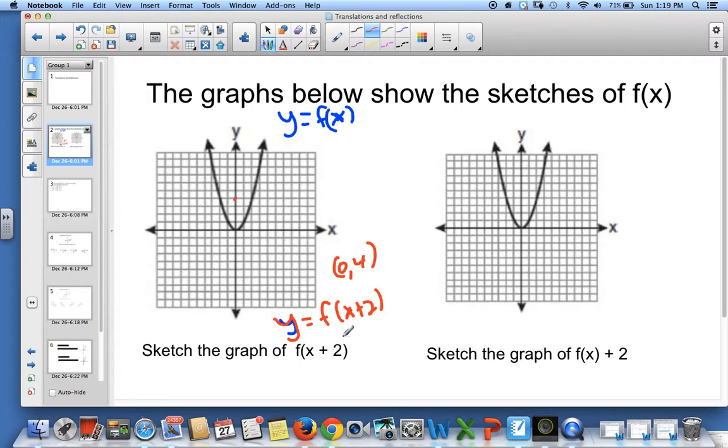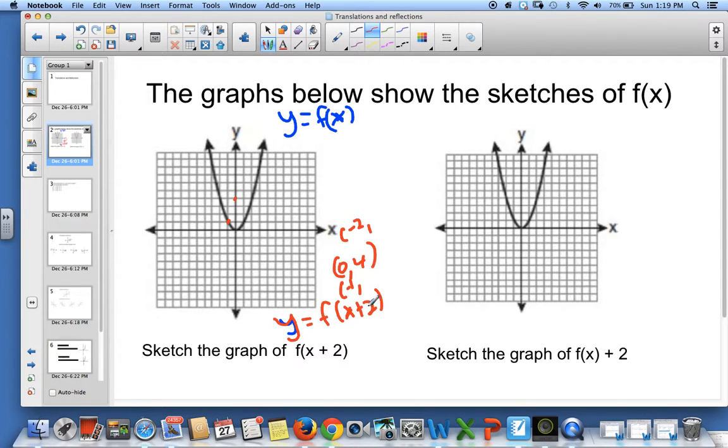Now when x is, let's say, negative 1. So negative 1 plus 2 is 1. So the height will be f of 1, which is 1. So when x is negative 1, we're at 1. What about x is negative 2?